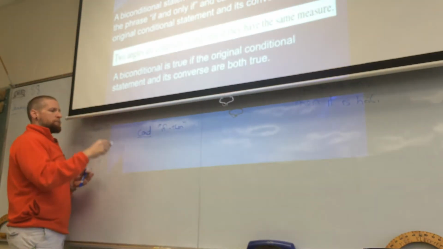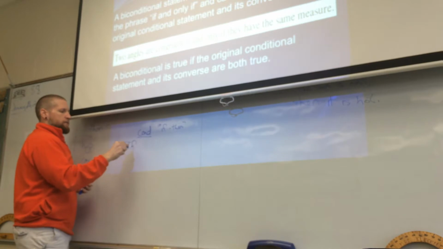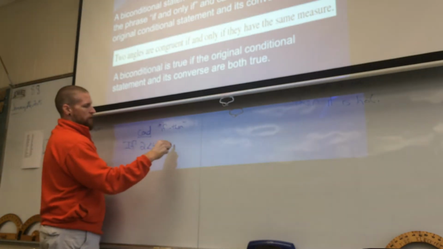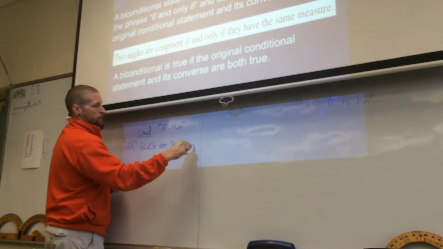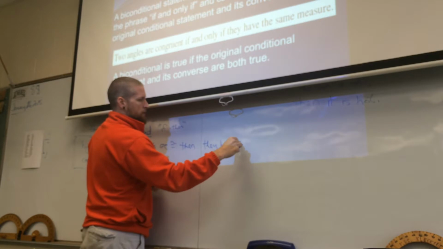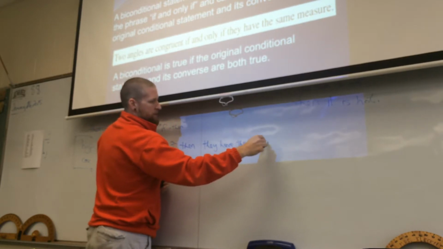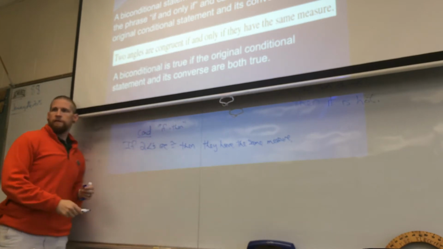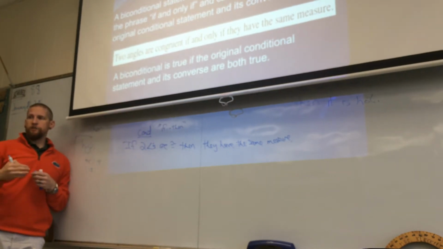So I would write: if two angles are congruent, then they have the same measure. I wrote a conditional with it now.